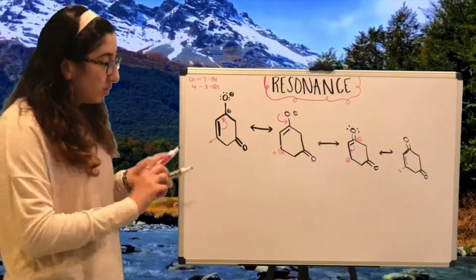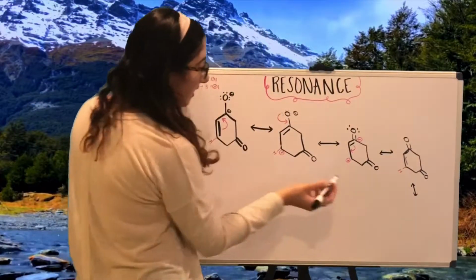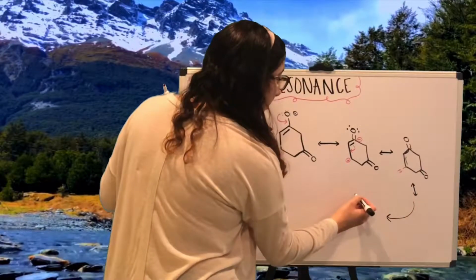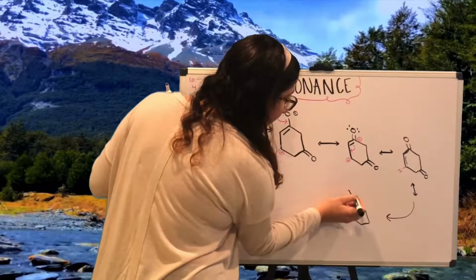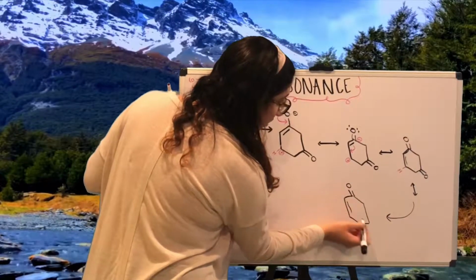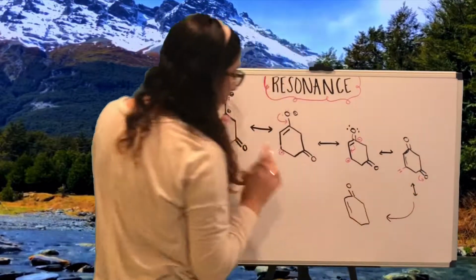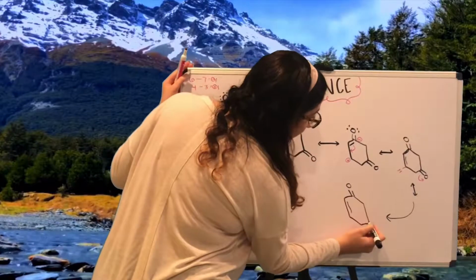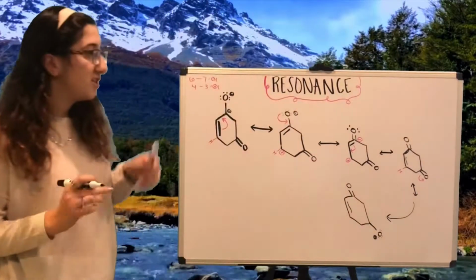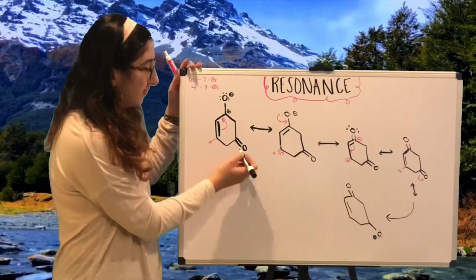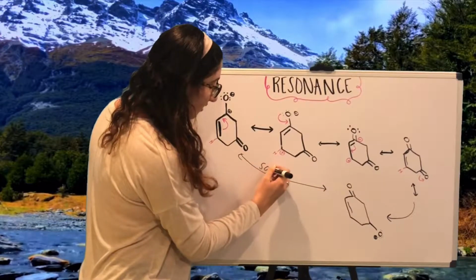Now, it is possible to go from here, and I'm actually going to draw it over here, to go and keep this double bond, this one, but then move these electrons up to the oxygen, and that would end up in a negatively charged oxygen, which, if you can tell, is basically the exact same molecule as here.